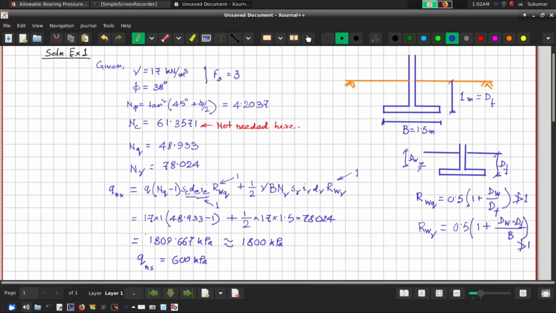So this is my solution to our problem. I can box the results. And QNS is 600 kilopascal. So this completes the first problem.